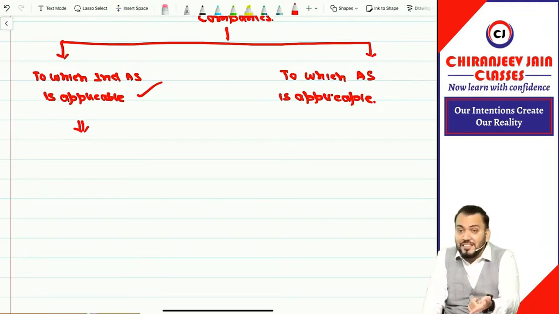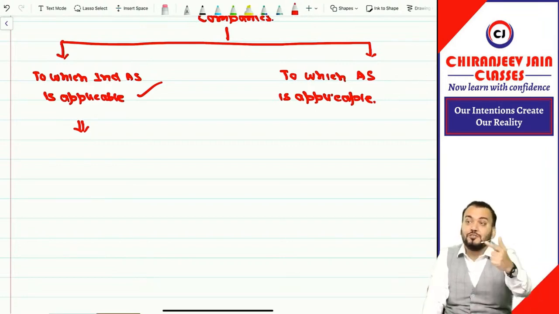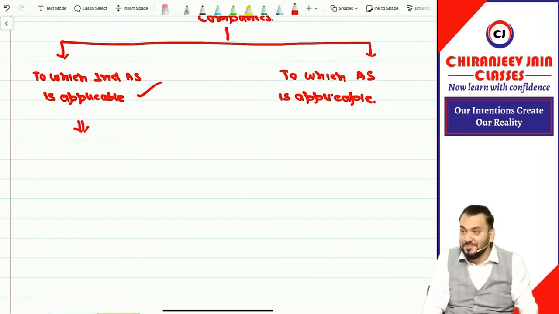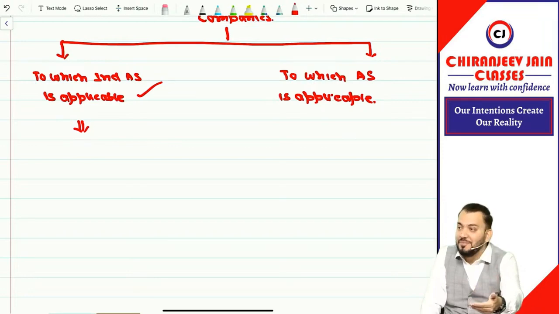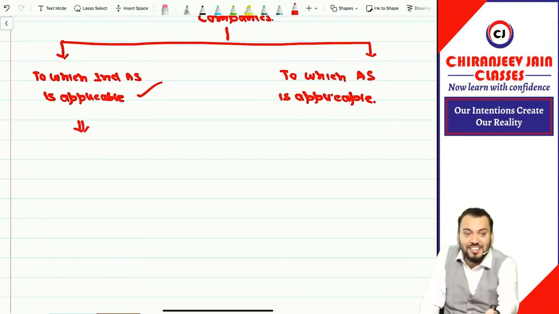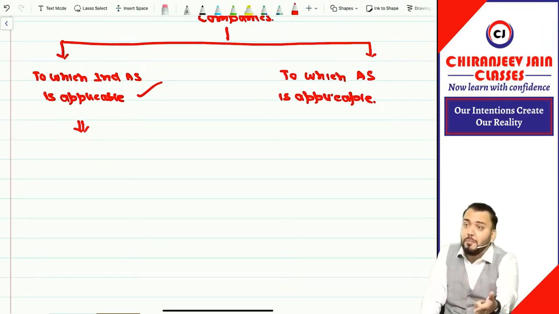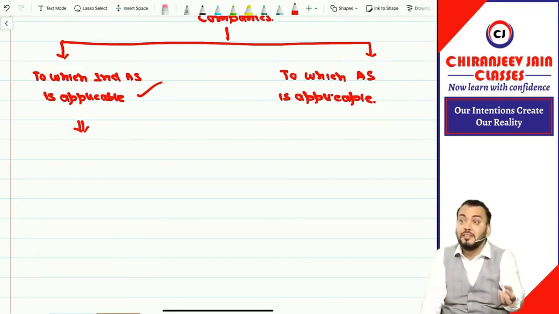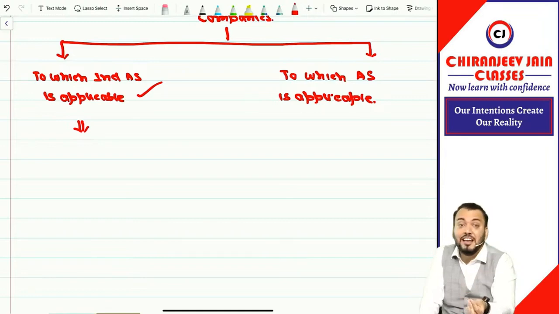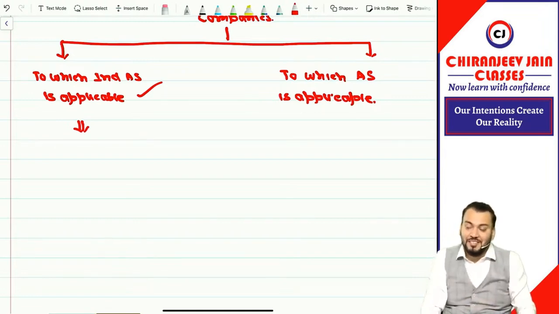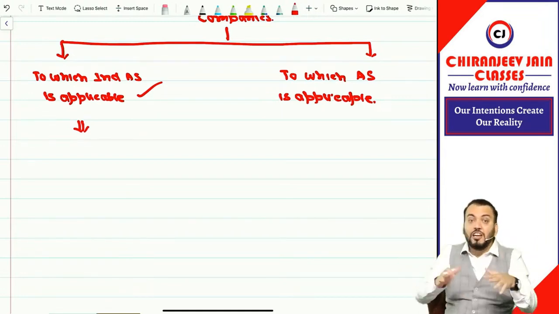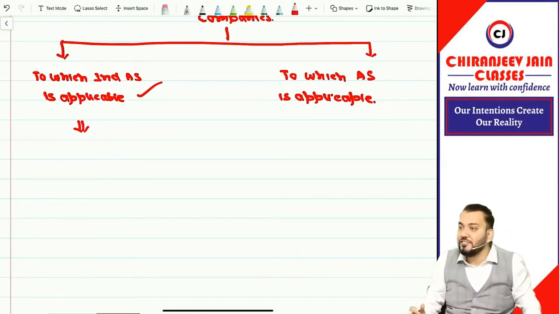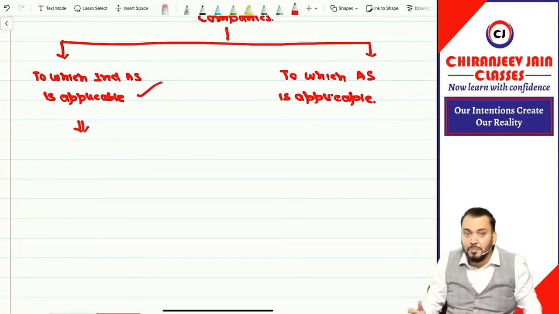It does not mean that whatever you have done in CA Inter you should forget. Because most of the time in your articleship you are applying accounting standards. Why? Because where you are doing articleship, there are no such companies where Ind AS is applicable, because those are big, giant companies. For example, Reliance Industries: Ind AS will be applicable.